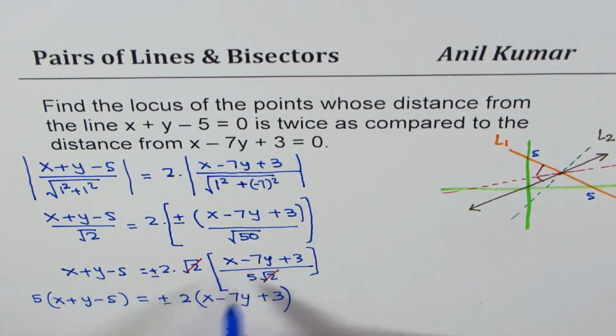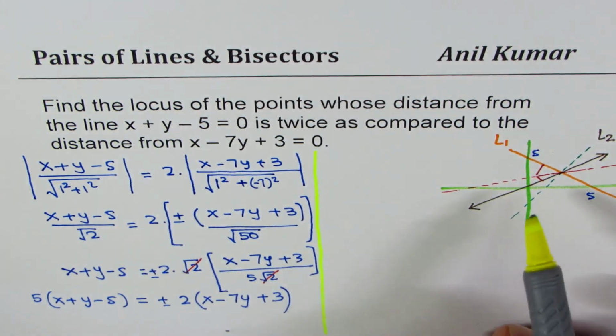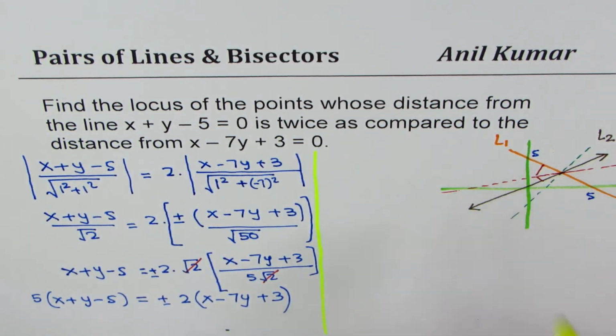So we just cross multiplied, and now we have two equations which represent the lines where the points will lie so that they are in the ratio 2:1.